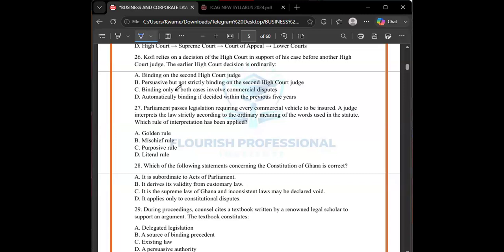I will go for B. Because when we mentioned persuasive precedent, we said that it is influential, but it is not binding on others.